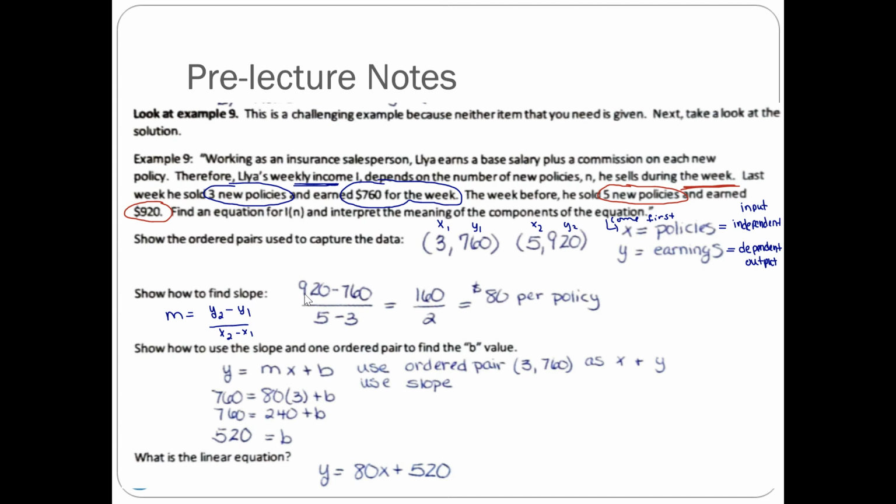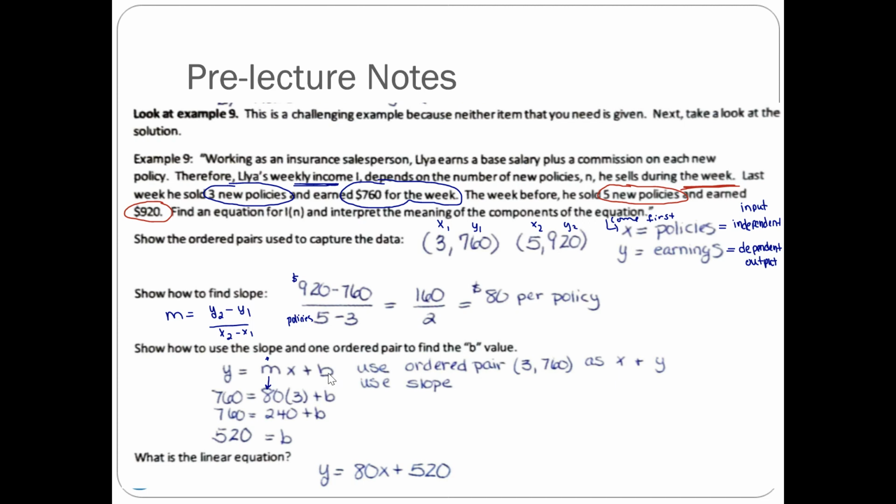And that slope, because the top here was money and the bottom was policies, this slope is $80 per policy. Now, that's great because the m is one of my letters. So I go to my y equals mx plus b, and I know m, so the m is 80, and you can see I plugged that in directly down here.